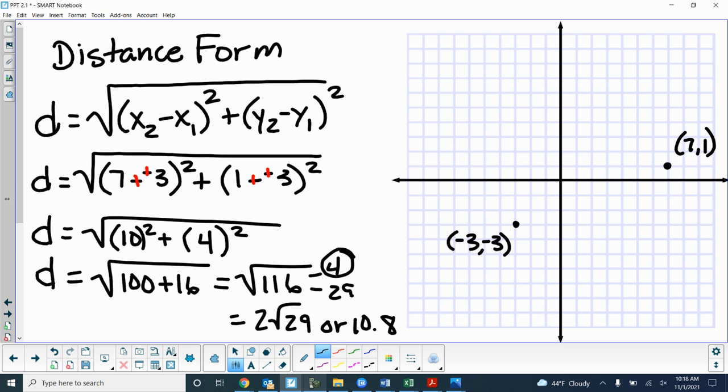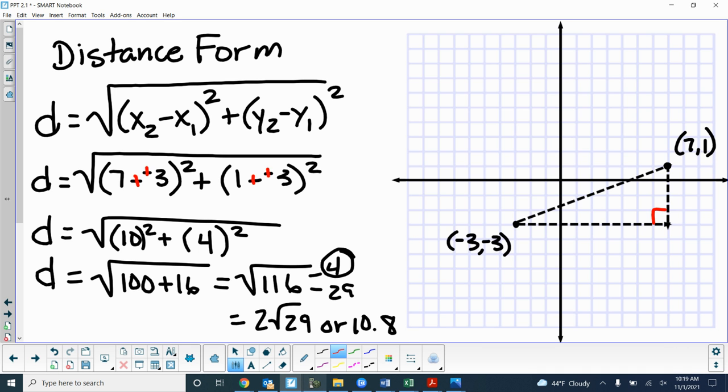Now, what you could do if you forget this formula, we could do this. What did I just draw? What kind of triangle? A right triangle, right? We got our right angle over here.